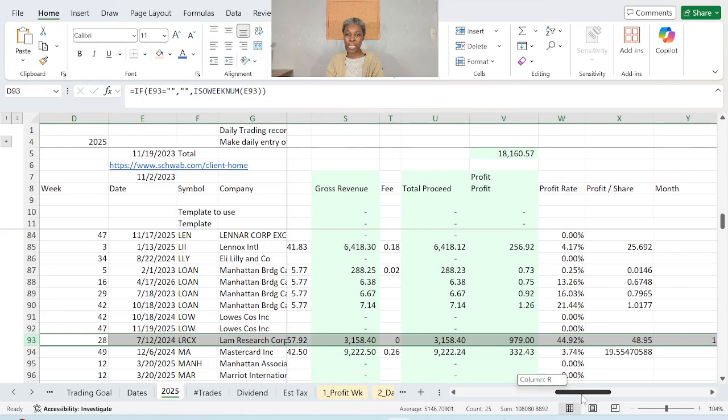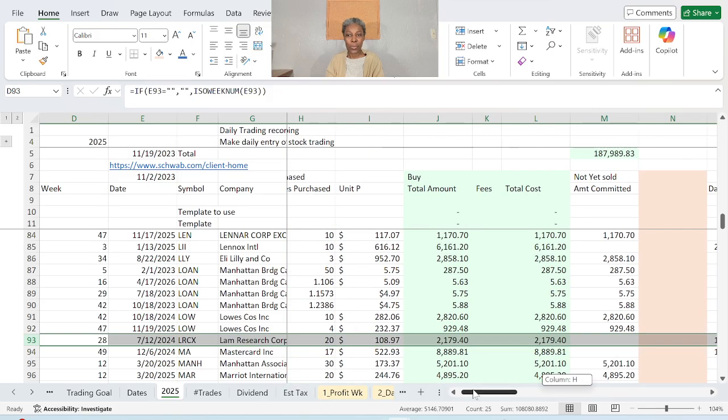We didn't pay any brokerage fee there, and we made $48 profit per share, or $979 profit total, and that was 44% of return right there.